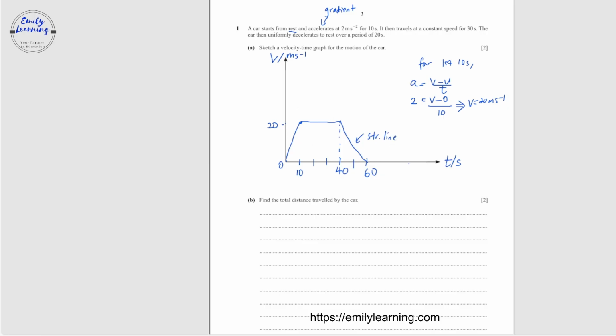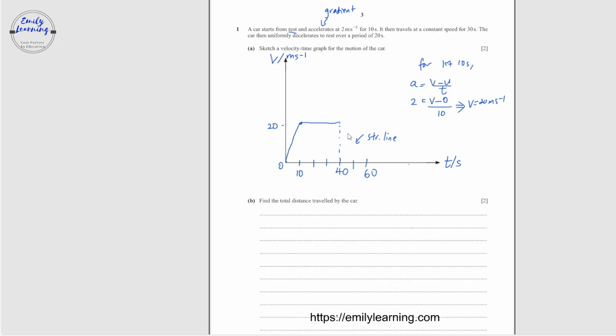These are all straight lines. See, my freehand drawing isn't very good, but it's a straight line that goes to 0. So now this is the velocity time graph for this motion. All right, so with that, let's go on to the next part.